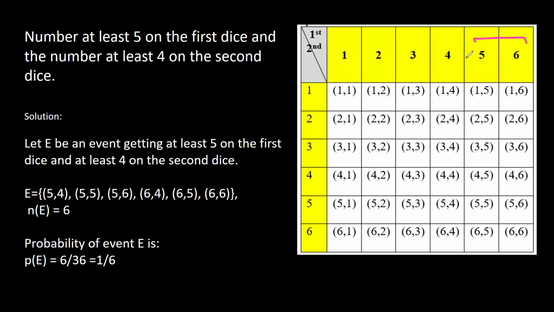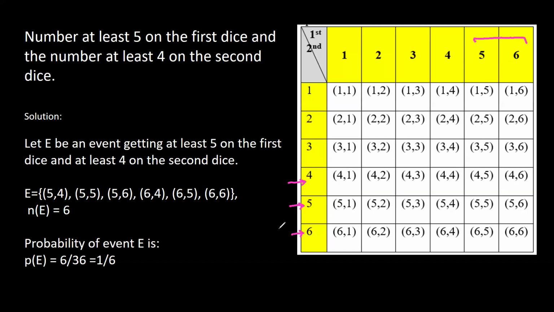The number is 5 or greater than 5, which makes sense for 5 and 6. Similarly, for the second die, the number should be at least 4 on the second row. So in the second die, the number starts from 4, 5, 6.